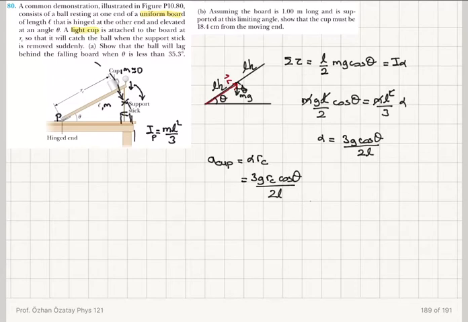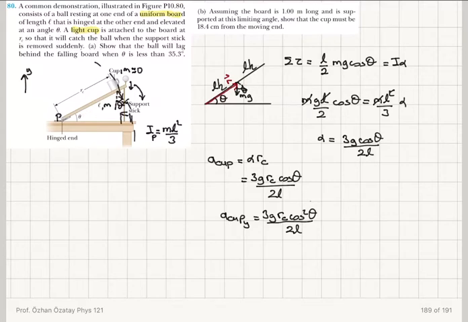Now, if the ball will lag behind the cup, I need to look at the component of this acceleration that is on the vertical axis. So that is on this axis. So this angle is theta. So I have acceleration of the cup, y component is 3g rc cosine square theta divided by 2L. Okay, so I take its projection to the y-axis.